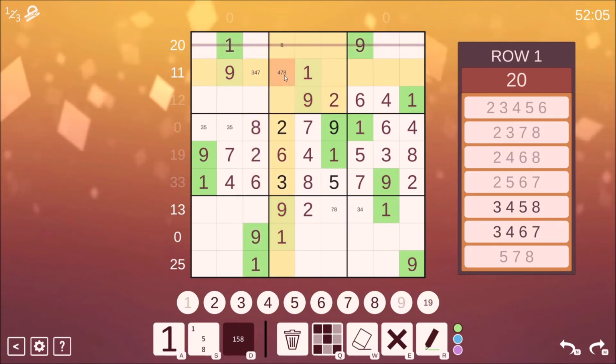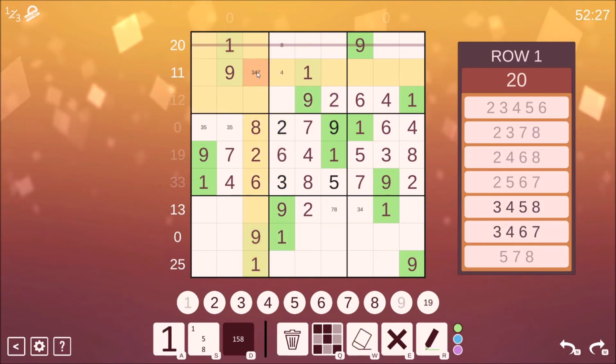Something I should actually note first. Looking back at this, if we do have an 8 here, we could not do a 7 or an 8, so we would have to place a 4 here and a 7 here.